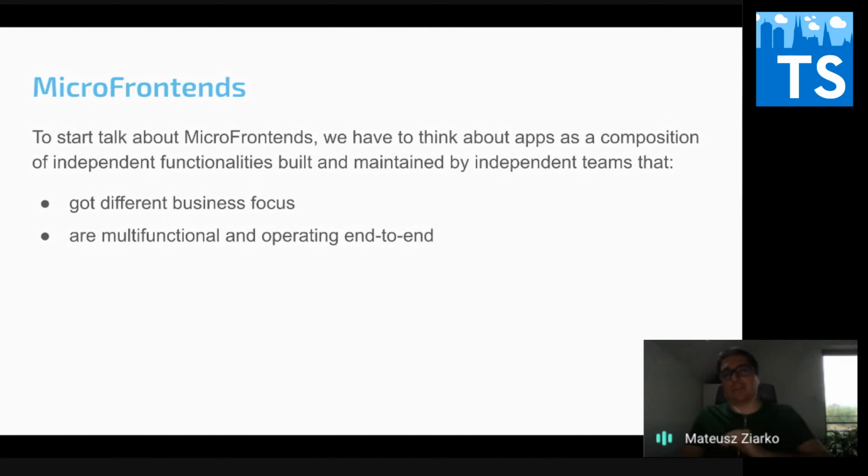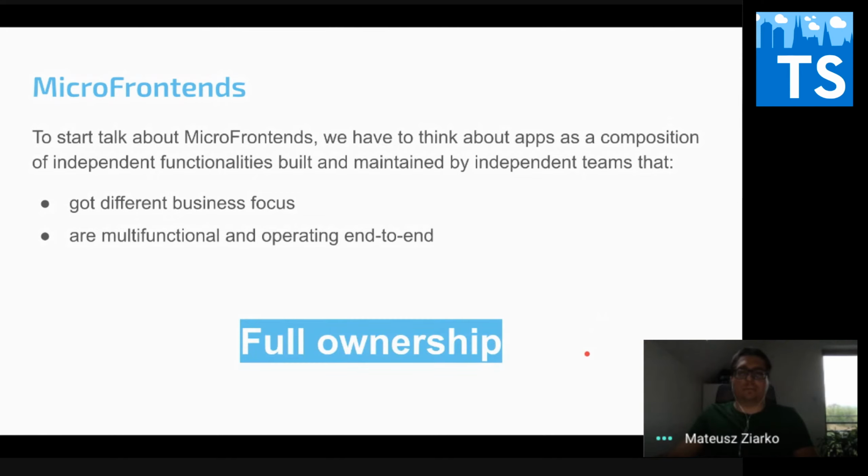So they are going to be responsible for their functionality from the beginning to the end. Also, if they are going to build some piece of a backend stuff, it has to be under one team. So the term of a full ownership of the features, not the app, the features.